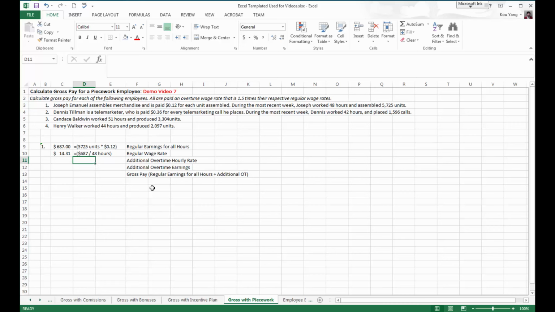For the additional overtime hourly rate, in piecework, we have to consider the additional overtime factor, which is typically 0.5, or the 1.5 overtime rate minus the 1.0 regular rate.